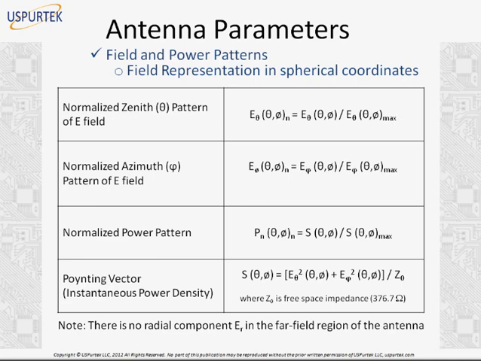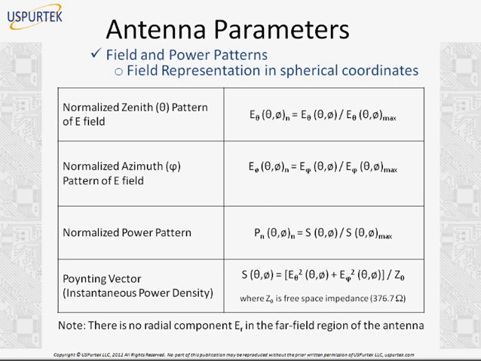When we do actual antenna measurements, this is how we do it. We measure the electrical field strength at a specific point and divide it by the maximum field strength, and then we get a normalized number, which we use ultimately to plot the field pattern that you see, with the side lobes, the nulls and the main lobes.